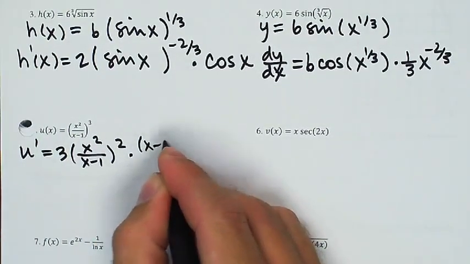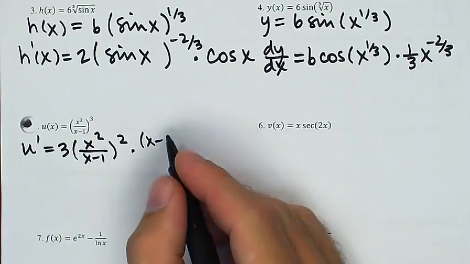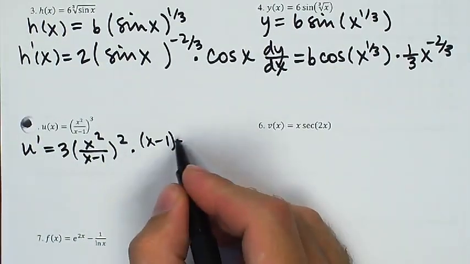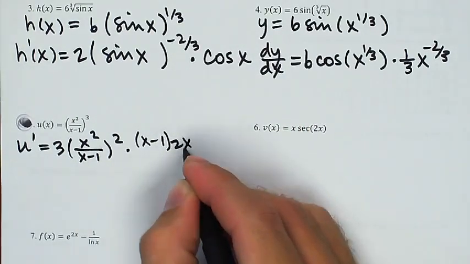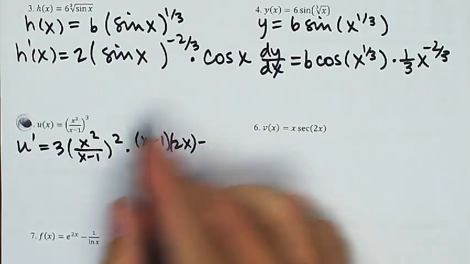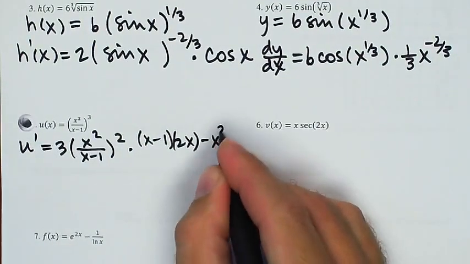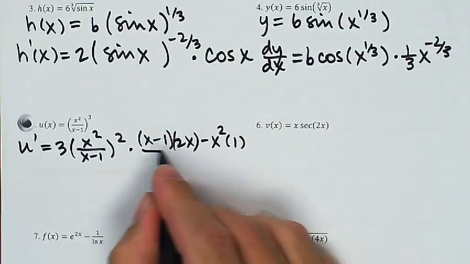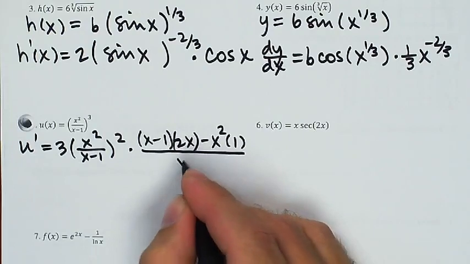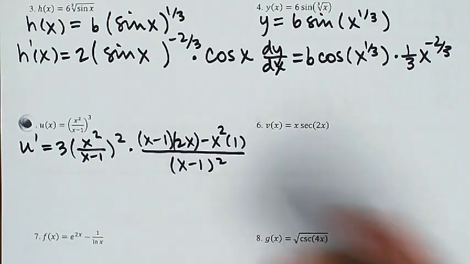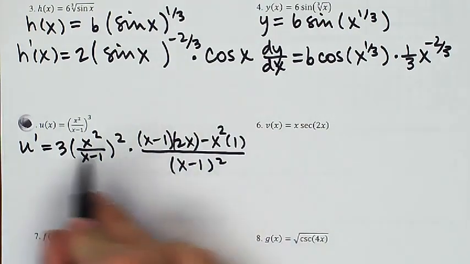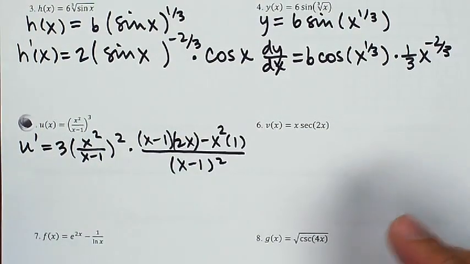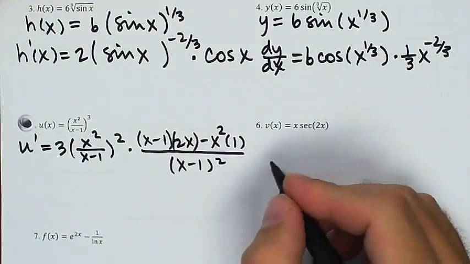So it's bottom times the derivative of the top, wait, hold on. Bottom times the derivative of the top, so that's times 2x, minus the top times the derivative of the bottom, divided by the bottom squared. And that's a formula. It's pretty ugly, but it will work for us.